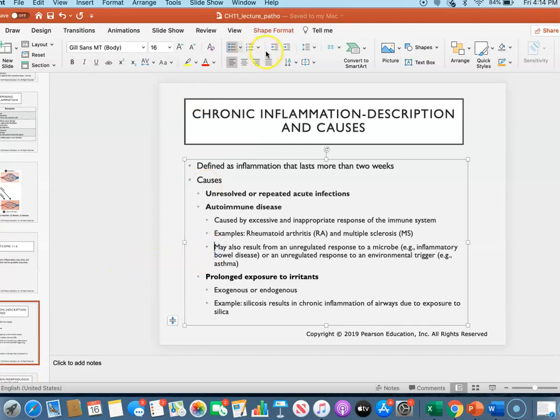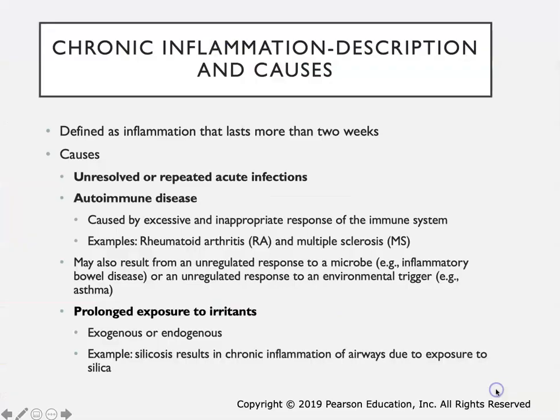That's misleading the way that that's written. Okay, sorry, so let's fix that. It can also result from an unregulated response to a microbe. So there's a microbe that will induce it, and it leads to this chronic inflammation. So inflammatory bowel disease may originate that way.